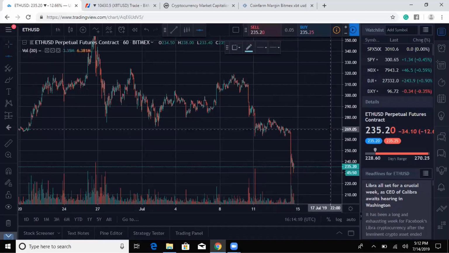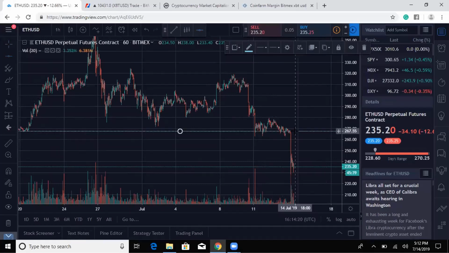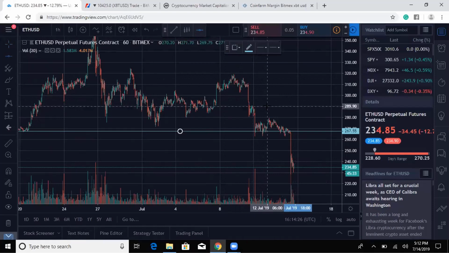The first area we are looking at is right here, 267. And then another area is here. And then yet another is this point.